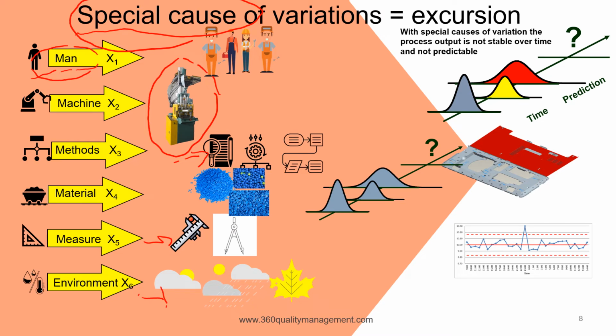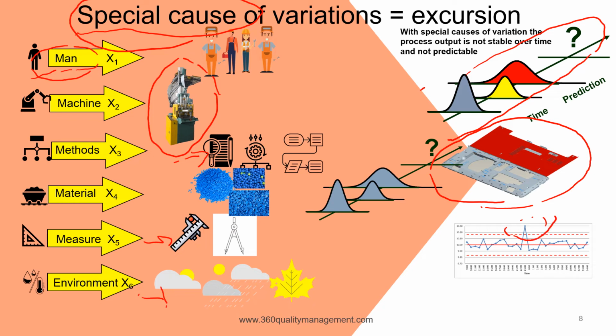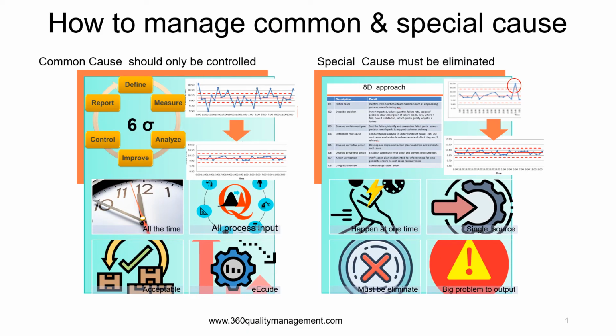All these variations are actually unpredictable, and they are not stable over time. Therefore, you will also produce an output with special cause variation, where there could be spikes or changes that are not predictable. Special causes can be eliminated and must be eliminated, otherwise there will be an abnormally high non-compliance in the end product.